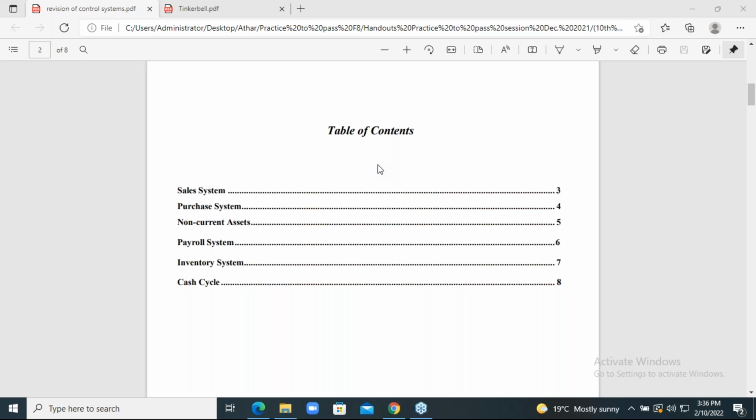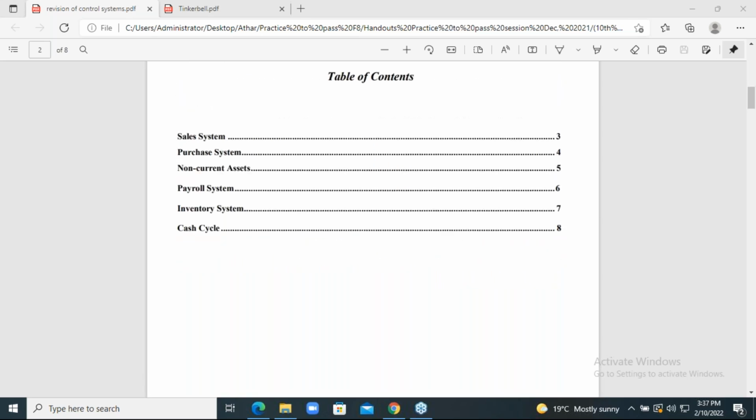They are important, and the data and input to those systems, how those systems proceed and end, and the documentation at every stage are already mentioned in your books, whether you are using Kaplan, BPP, or any other resource. Every book or resource will contain the basics of these systems.